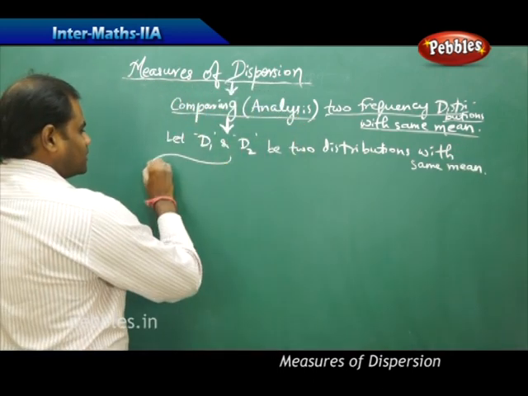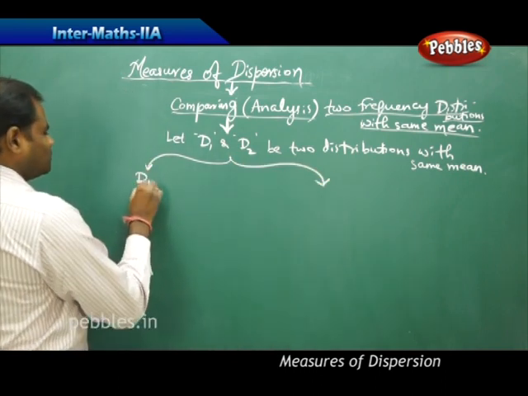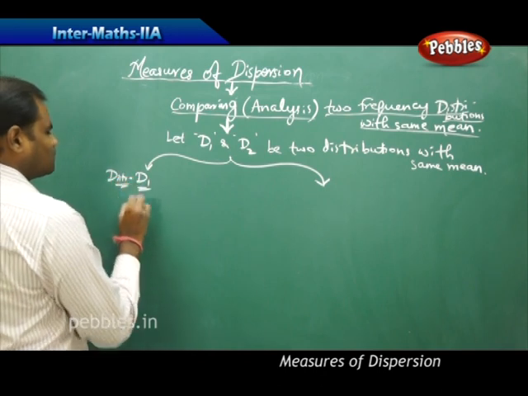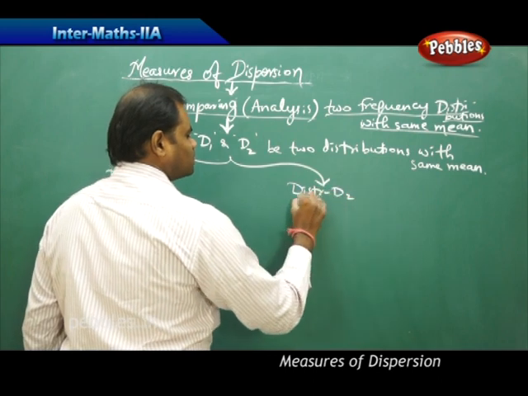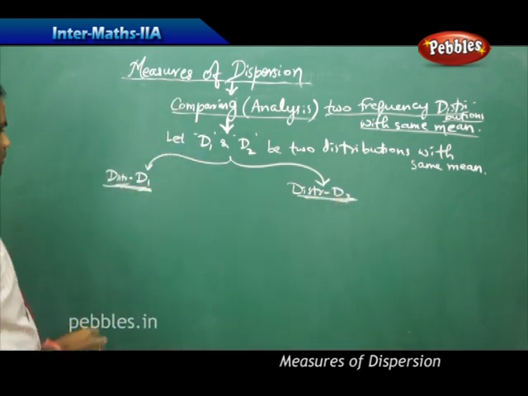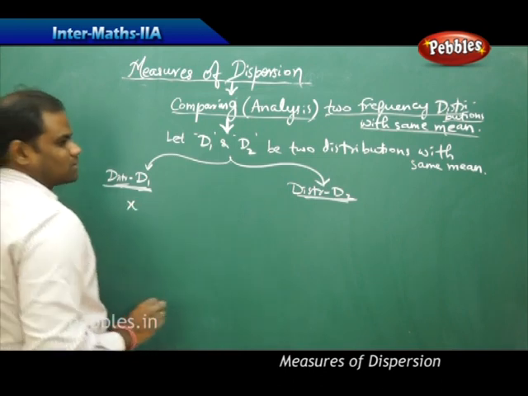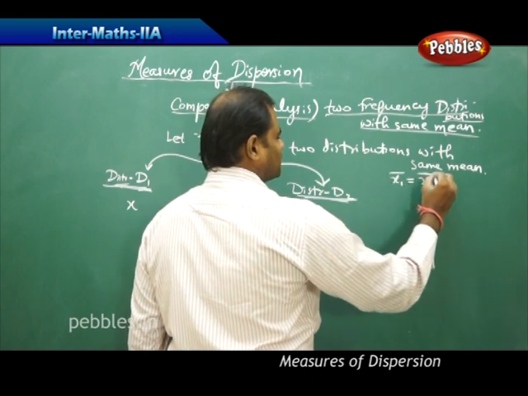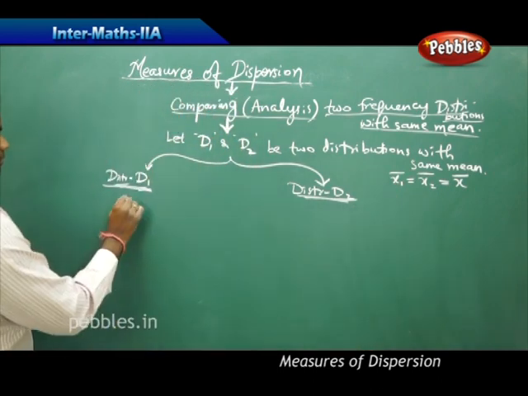If I take the distributions D1 and D2, let's see how we can compare here. Since they have the same mean, the mean of D1 and the mean of D2 are both equal to x bar.